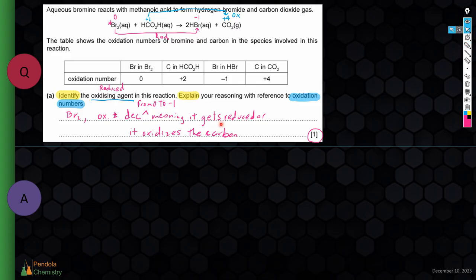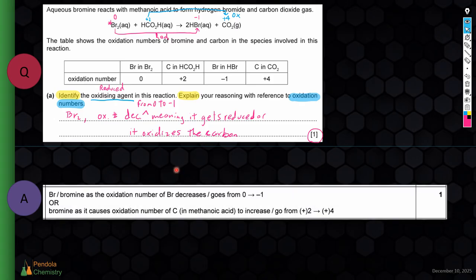Now, not every mark scheme will be that detailed where you need the exact oxidation numbers, but it is a good habit to get into, because writing that does not take you that much longer, maybe a few seconds.